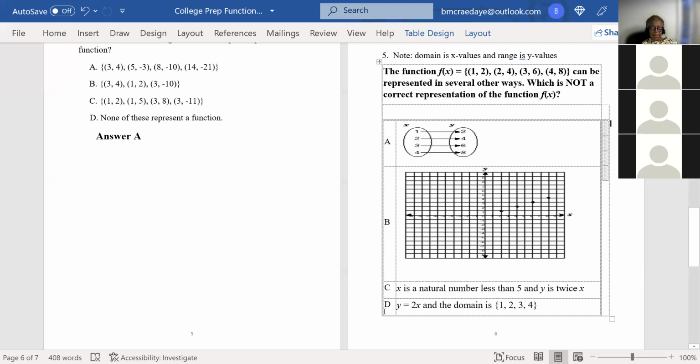Y equal to X, and the domain is 1, 2, 3, 4. That's your X values. Is that correct? Yes, because we said Y is twice X, and the domain, which are the X values, is 1, 2, 3, 4. Now, the one that does not represent is this graph.